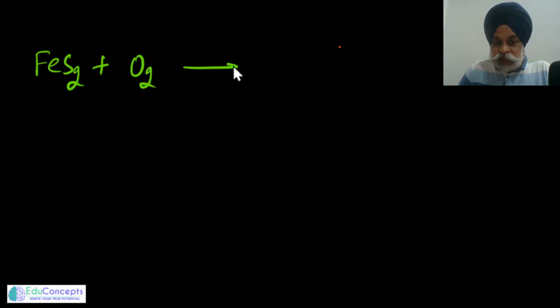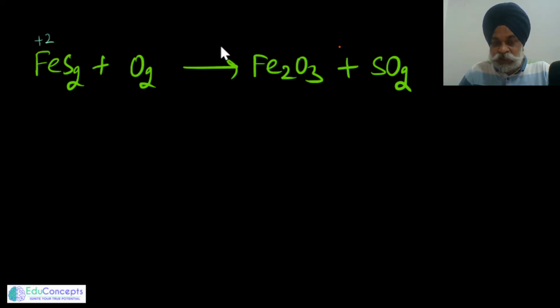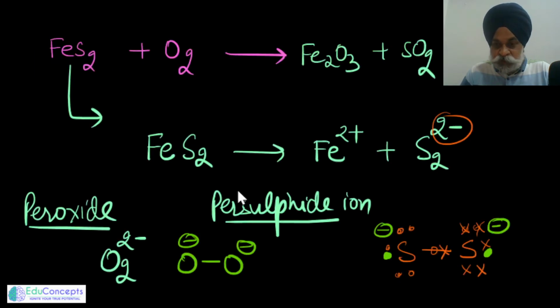Now we have to do the simple solving. FeS2 treated with oxygen gives you Fe2O3 plus SO2. This iron, which had been in the +2 oxidation state, definitely would go to the +3 oxidation state. And this sulfur, let me show it here also. What is the oxidation state of this sulfur?